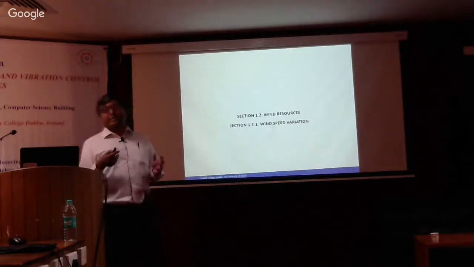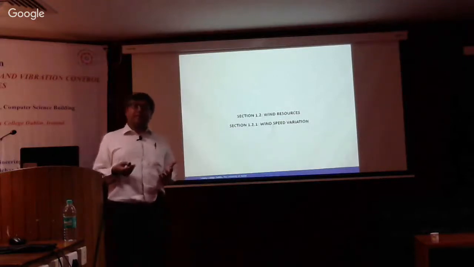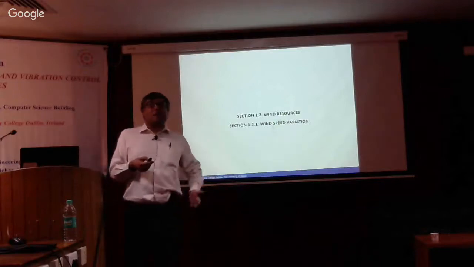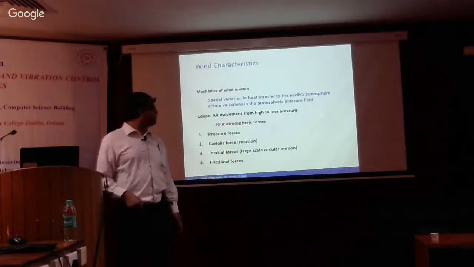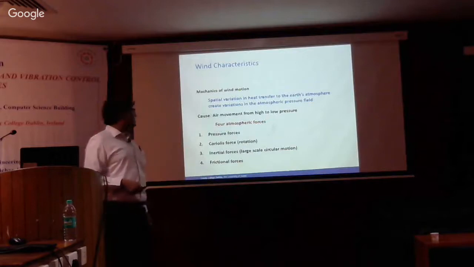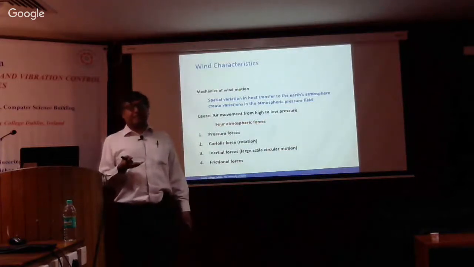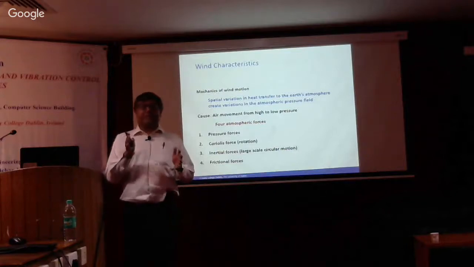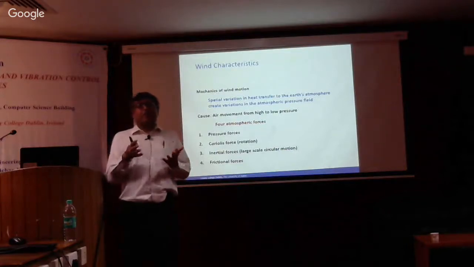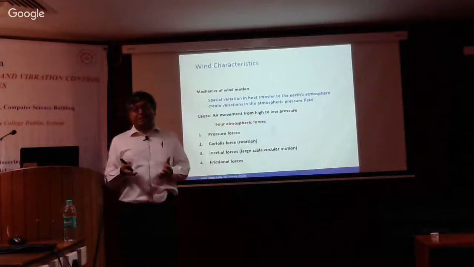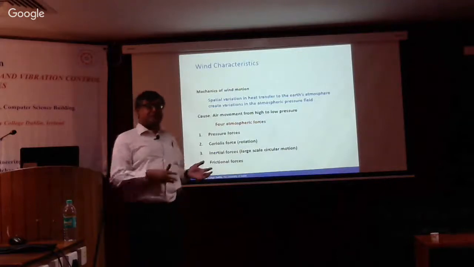So if you have historical data, we can actually analyze the data and find out how much power we can expect. So to do that, obviously, let us first look at the wind characteristics, how it varies in general, and then we'll see how to analyze it to estimate how much power we can actually get. So the assignment will be based on this, in fact.